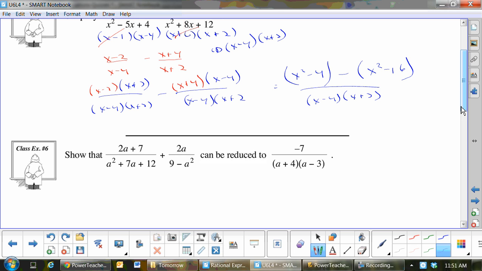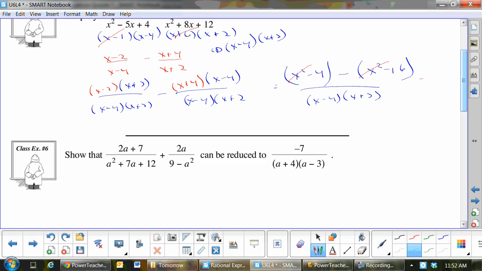Okay, let's see how good your algebra is. Now, I got x squared minus x squared. What is that? That's gone, right? What is negative 4 minus negative 16? Huh? 12, very good.